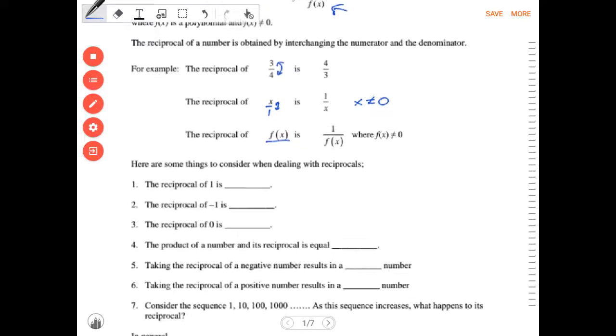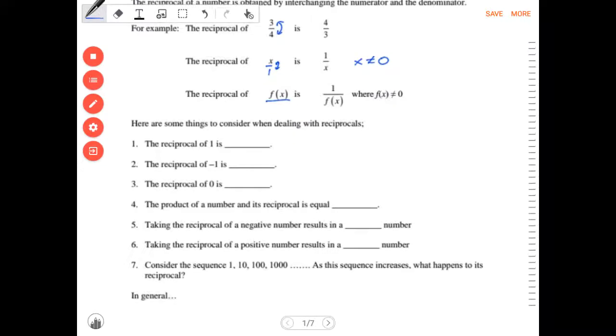Some things that will help when you are dealing with reciprocals. The reciprocal of 1: well, 1 is 1 over 1, and if you flip those, that's going to be 1 over 1 again. So the reciprocal of 1 is just 1.